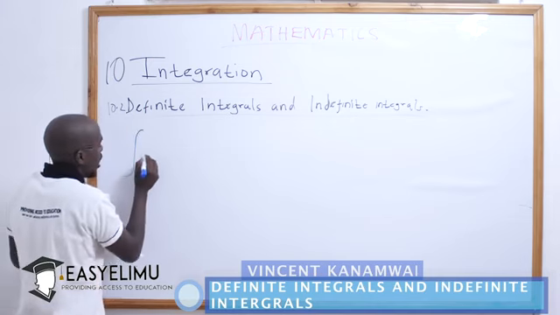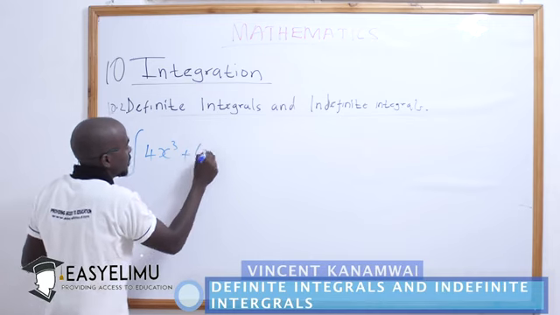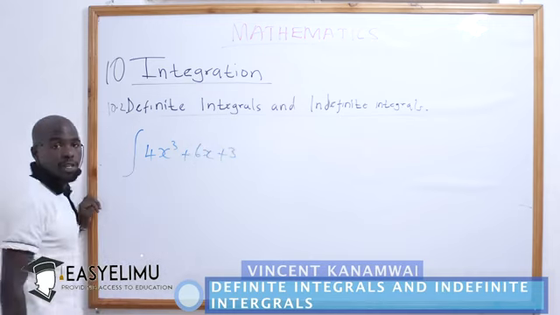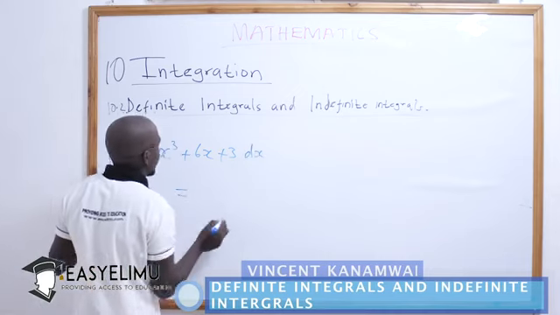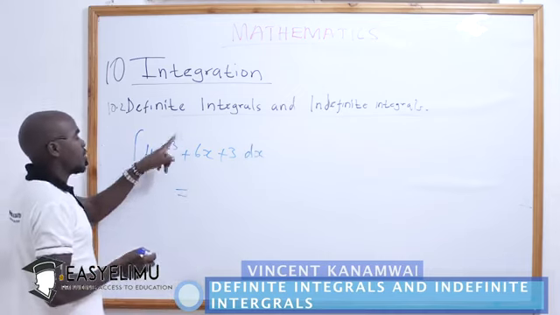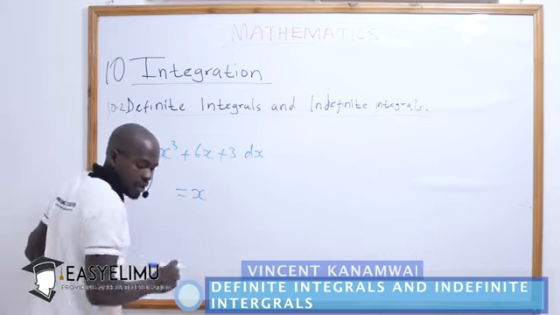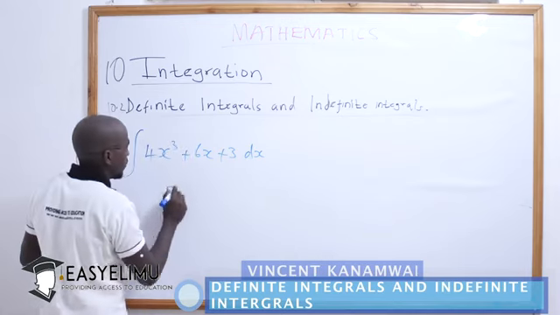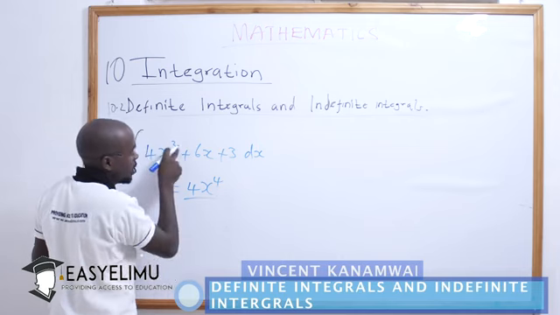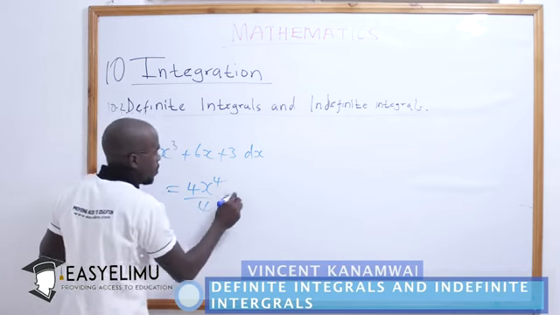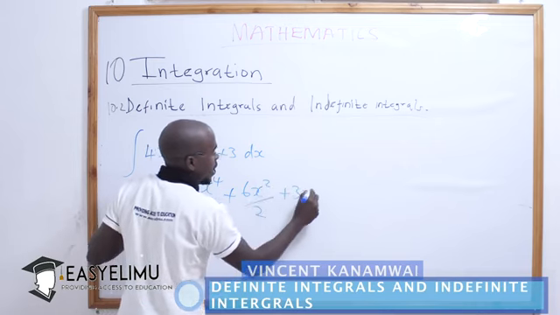For instance, let us find the integral of 4x cubed plus 6x plus 3. For this one, we integrate with respect to dx, and 4x cubed is going to give us 4x raised to 4, because it is 3 plus 1, and then you divide by 4, plus 6x squared over 2 plus 3x.